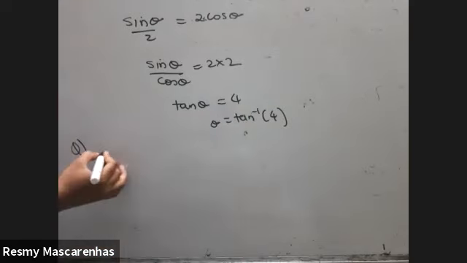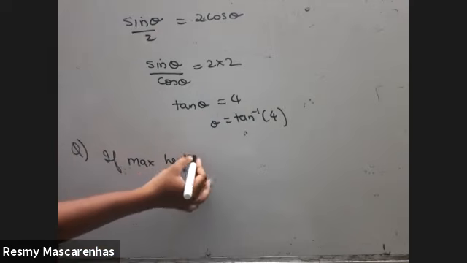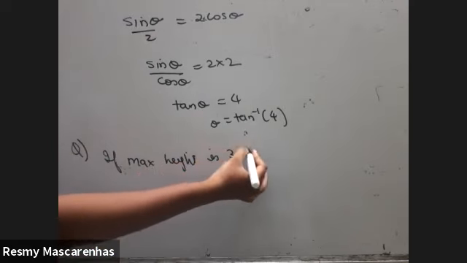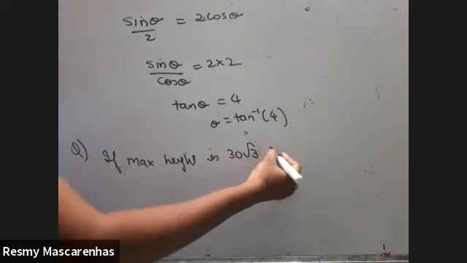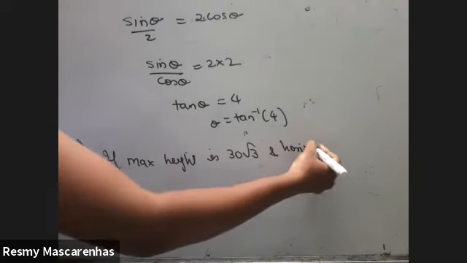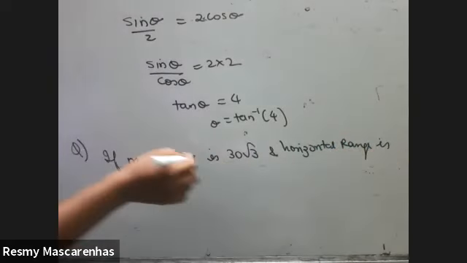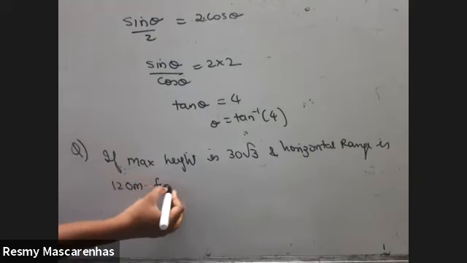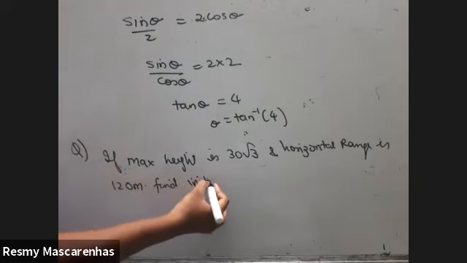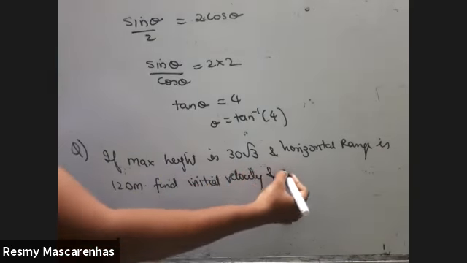Next question. If maximum height is 30 root 3 and horizontal range is 120 meters, find initial velocity and angle of projection.